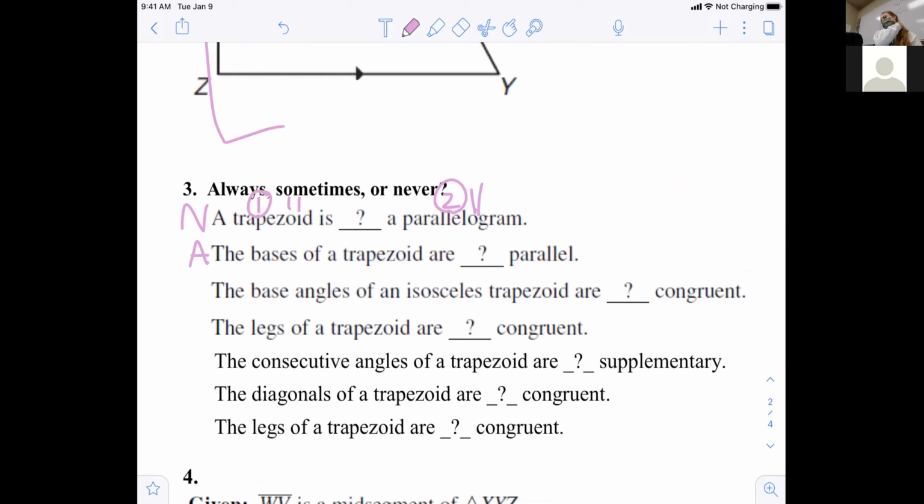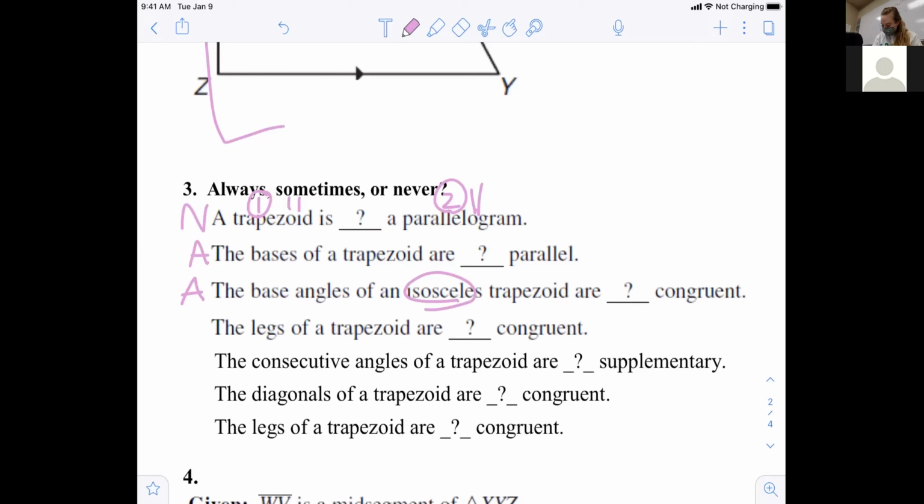Cooper? Not sometimes, always. What's the key word here that makes this always and not sometimes? Isosceles. If I had just said the base angles of a trapezoid, then you'd be right to say sometimes, but because I told you it's an isosceles trapezoid, that is by definition always.